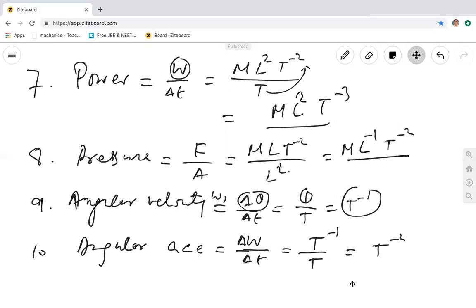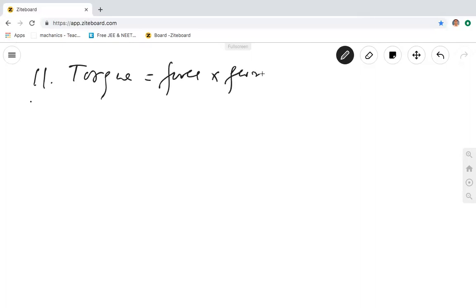These are derived physical quantities, which we express in mass, length, and time. That is how we find their dimensional formulas. 11th. Now let me go to torque. Torque is defined as force into force arm.